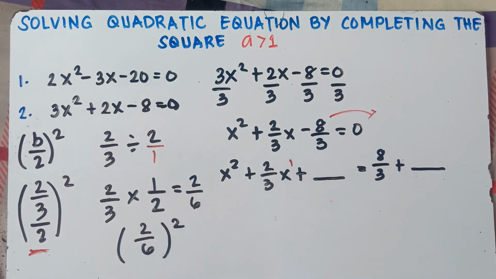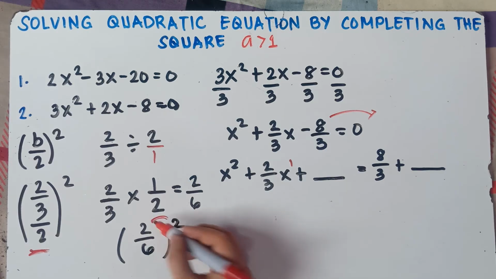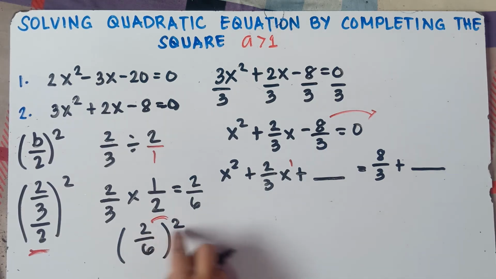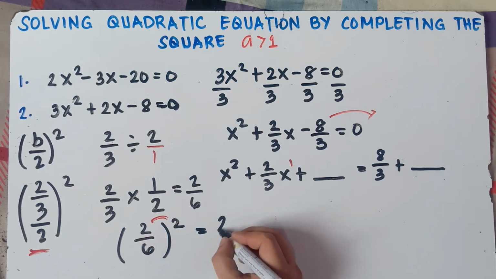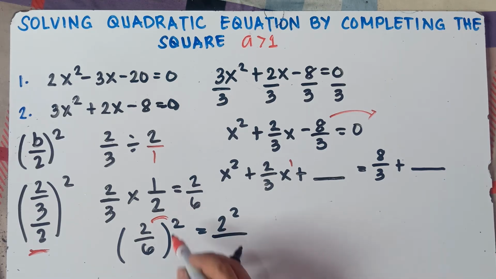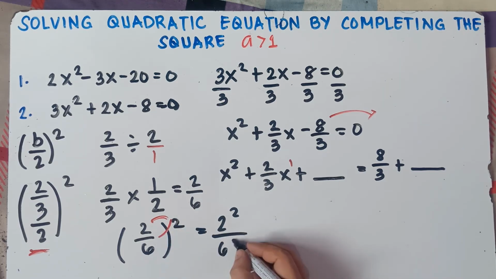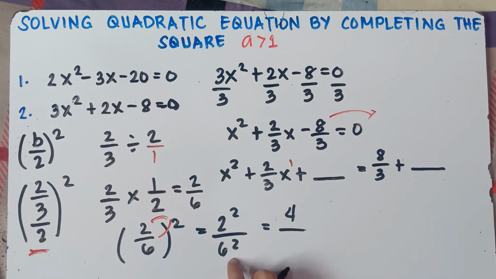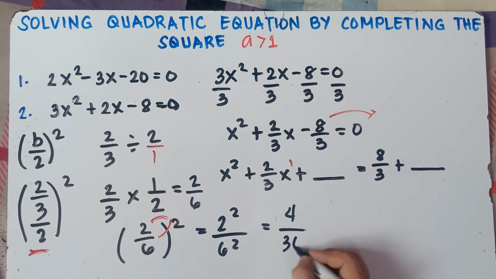So let's have the two solutions, class. You distribute and then later on we reduce. So when you distribute this one, class, this is 2 squared over 6 squared, right? And then 2 times 2, that is 4. 6 squared, class, doesn't mean 6 times 2, it means 6 times 6. 6 times 6, that is 36. Question, can we reduce 4 and 36?